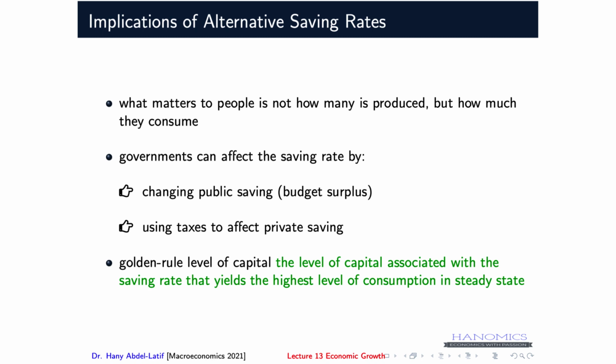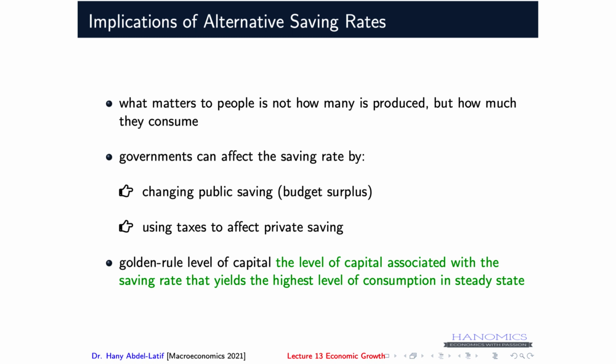So basically, governments can change the saving rate if you want to enjoy that period of higher growth until you reach the new steady state point. Government can affect the saving rate through changing public savings.